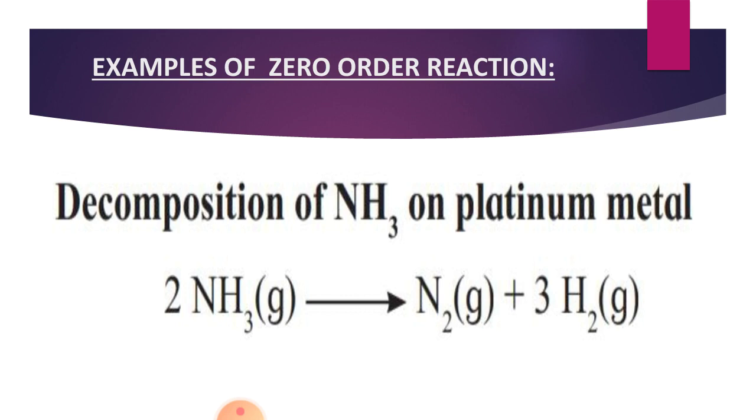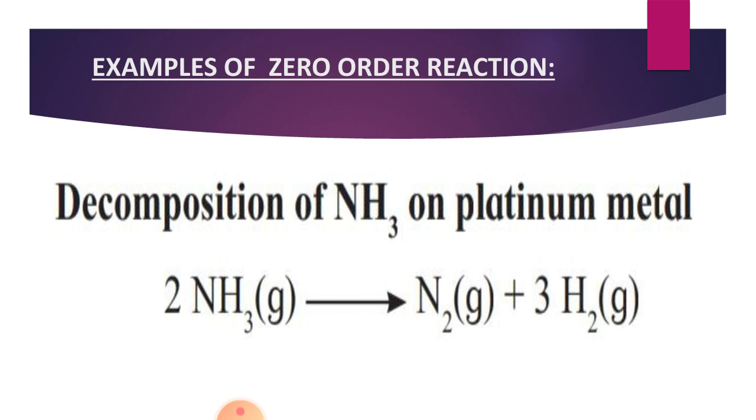So here a large number of ammonia molecules which tend to remain in the gaseous state will not react. Who is going to react? The molecules present on the metal surface. So the rate of a reaction was independent. As we know, the zero order reaction rate is independent of the concentration of the reactant.